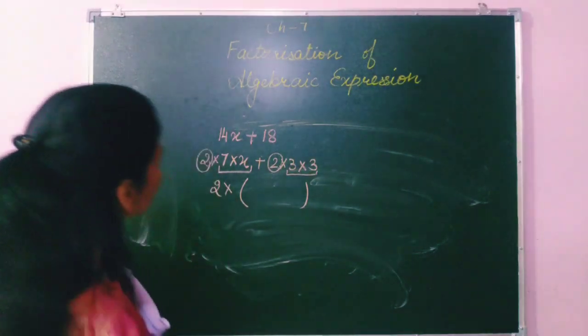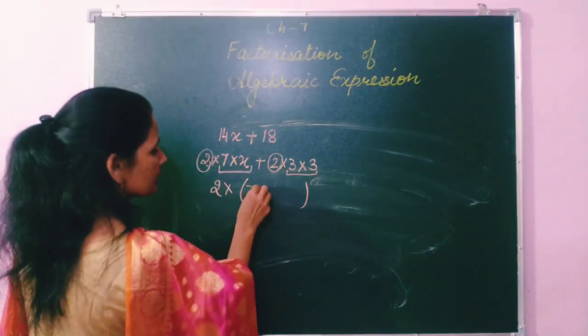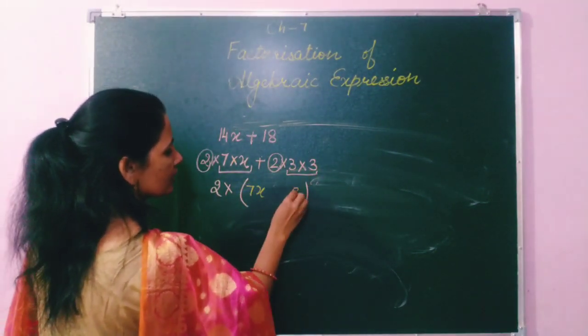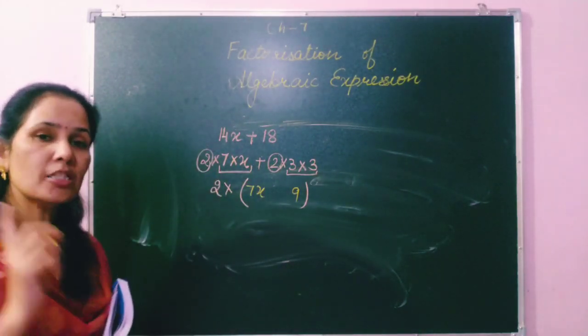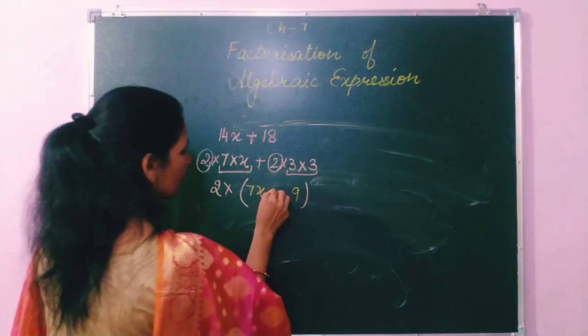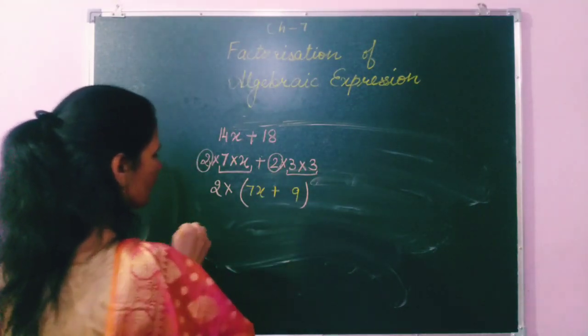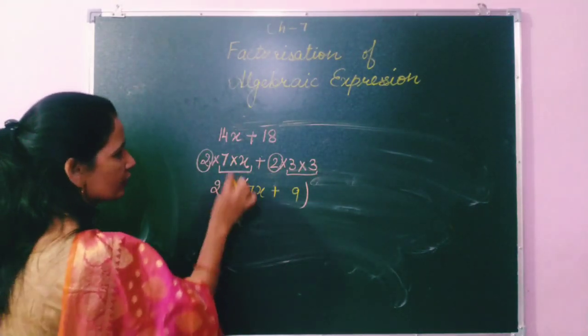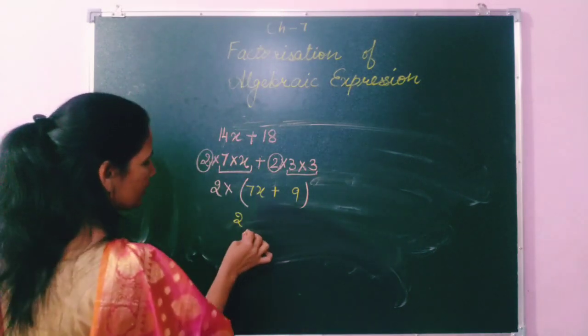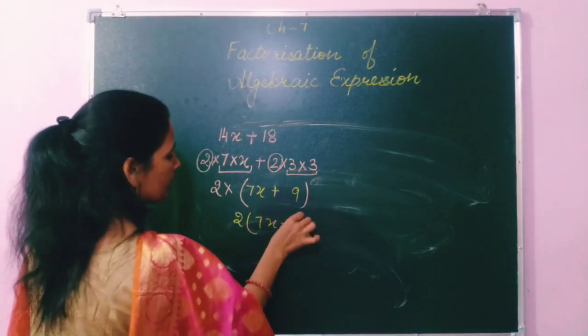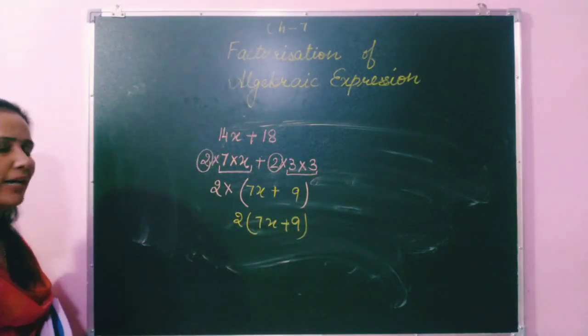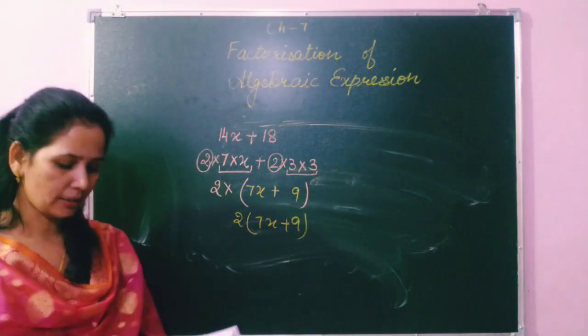So we will write here 7x and 3 threes are 9. As you observe, what sign is given between them? That is plus. So here we will write the plus sign between. Now in short we can write the factor of 14x plus 18, that is 2 multiplied by 7x plus 9.